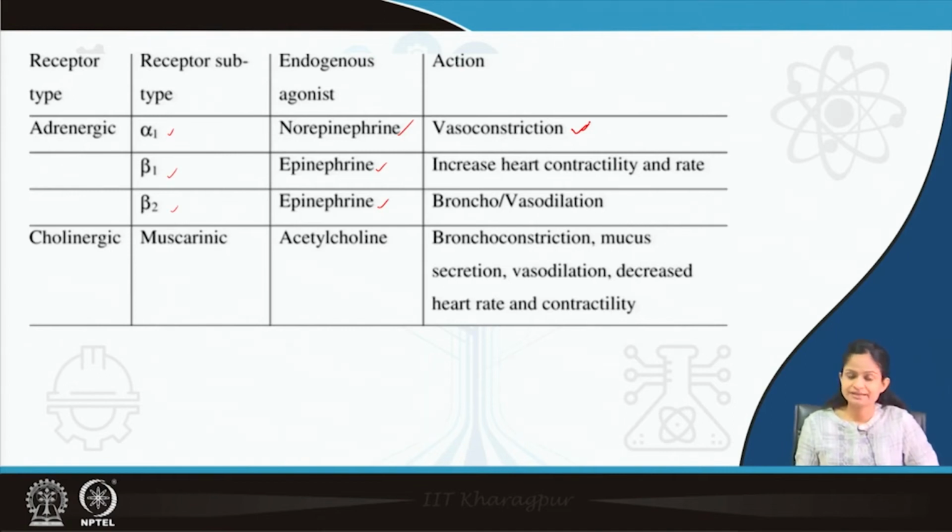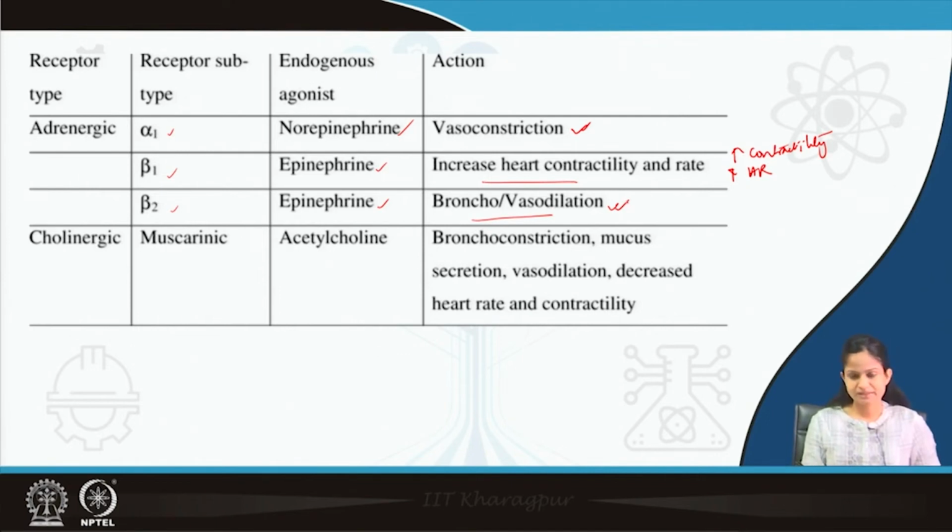Epinephrine binds to the beta 1 receptors, which will cause an increase in heart contractility and an increase in heart rate. We will come to the mechanisms later. Epinephrine also binds to the beta 2 receptors and causes vasodilatation or bronchodilatation. So, the actions of beta 2 are just opposite to those of beta 1.